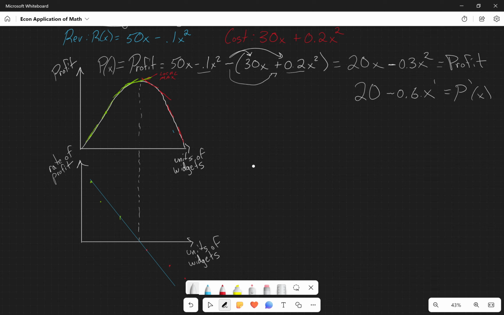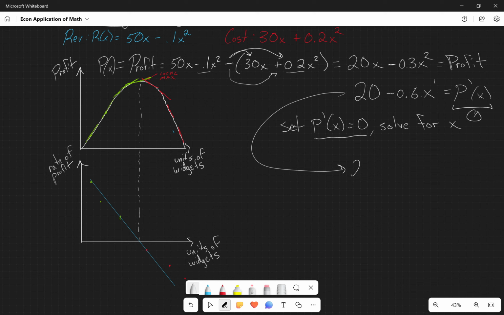And so now what we do is we set p prime of x equal to 0 and then solve for x. If we set this equal to 0, that just means we replace this right-hand side with 0, right? So then this becomes 20 minus 0.6x equal to 0.